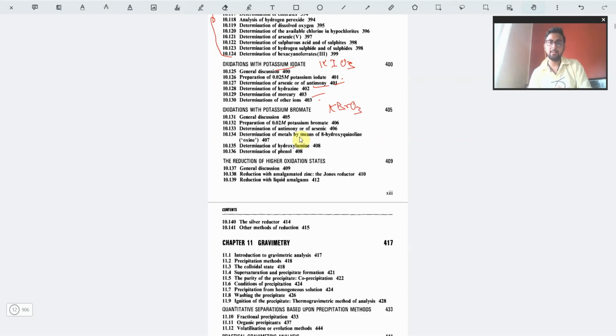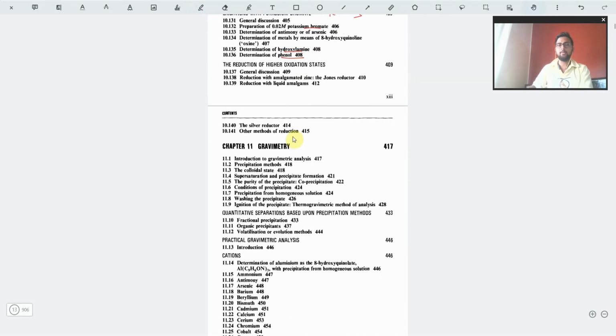So we have this preparation of potassium bromate, then we have determination of hydroxylamine, phenol. If you had KBrO3 in your lab, then you probably have this part in your syllabus, like determination of phenol or hydroxylamine. So if you had that, you may have probably performed this experiment and you already know about that.